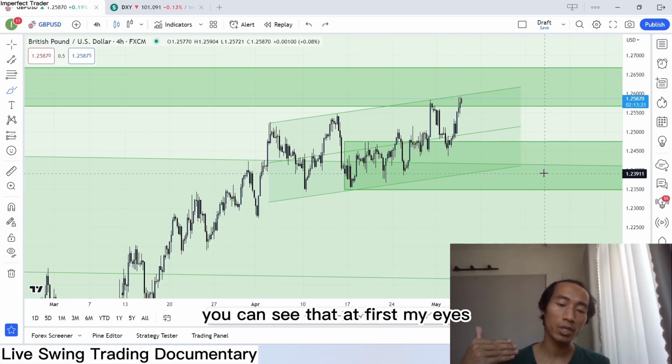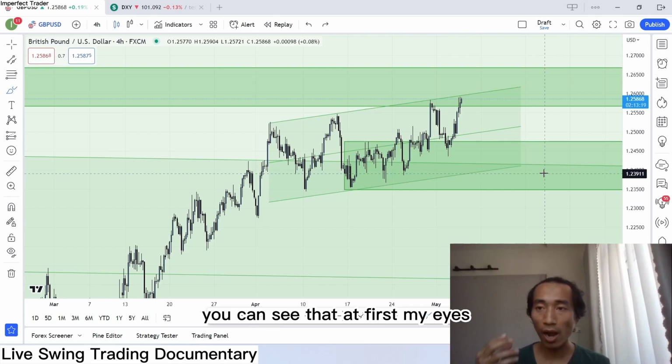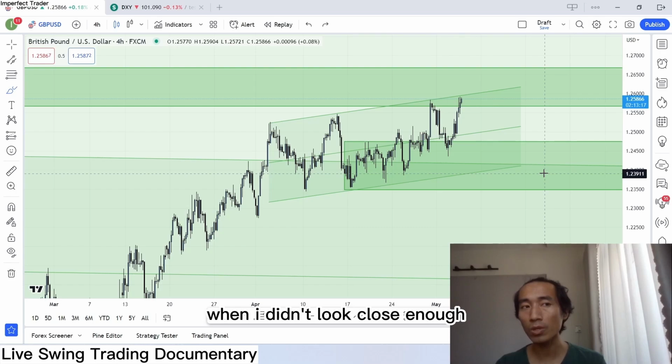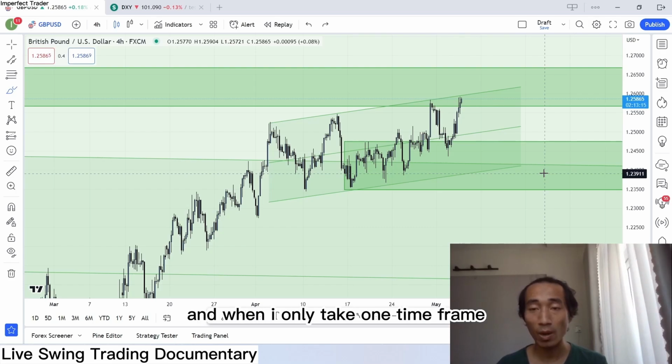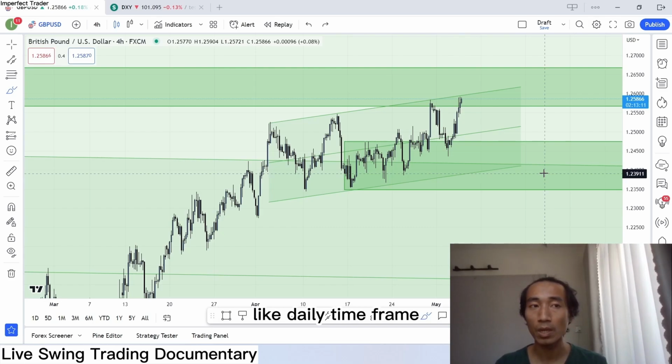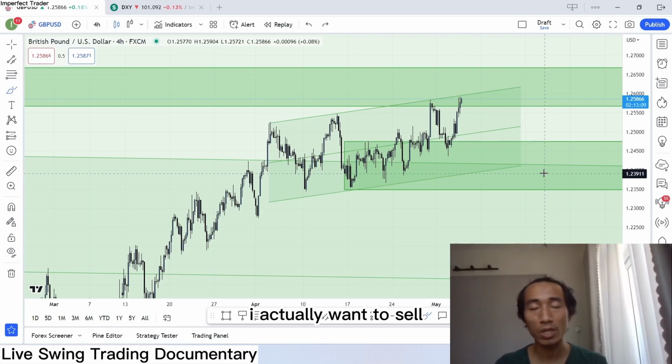So you can see that at first, when I didn't look close enough and only took one time frame like the daily time frame, I actually wanted to sell.